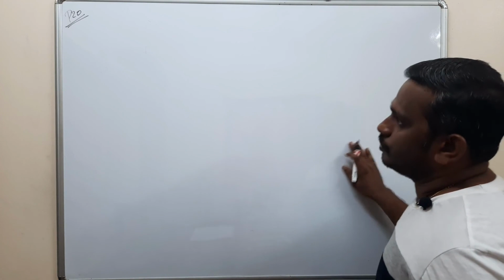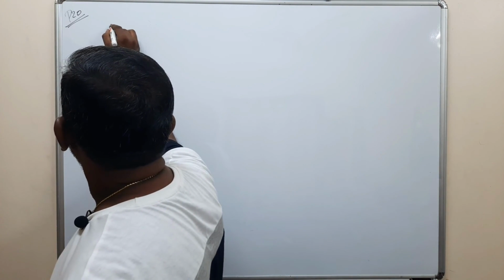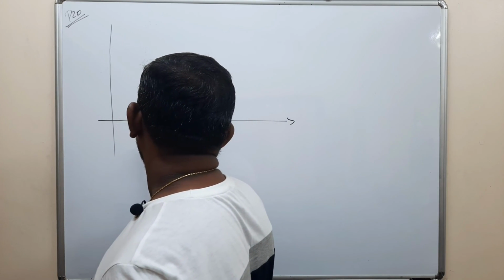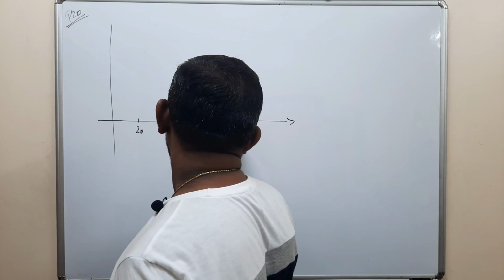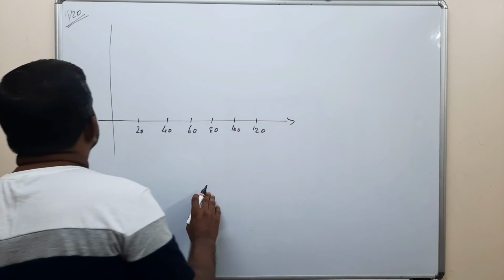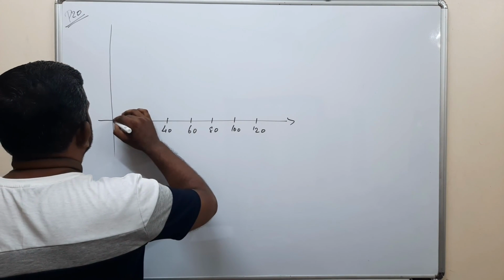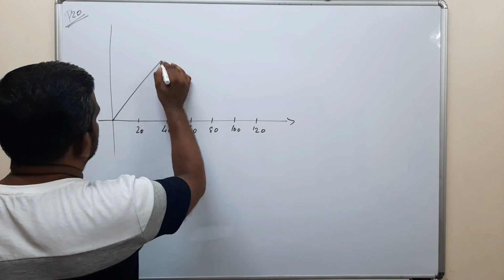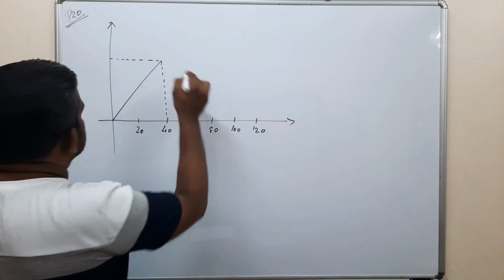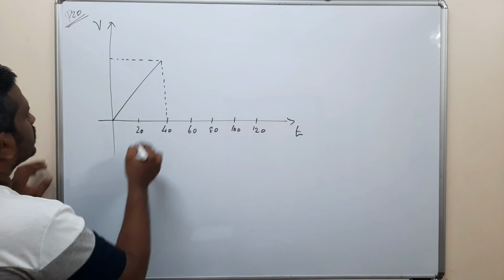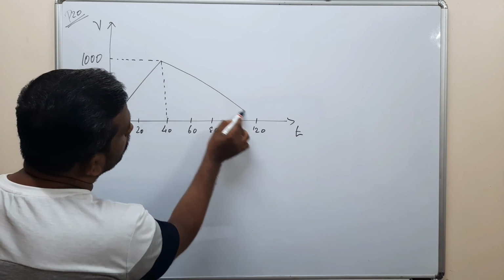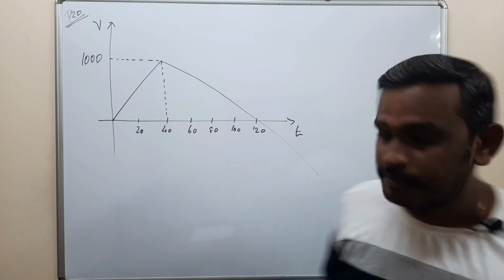The velocity time graph of the rocket is given, with time marked at 20, 40, 60, 80, 120, and a maximum velocity of 1000 meter per second. What is the maximum height attained by the rocket?